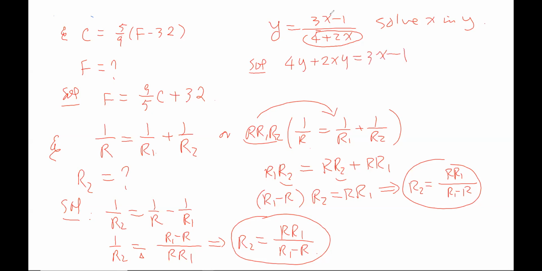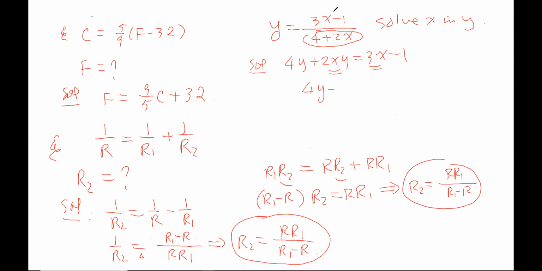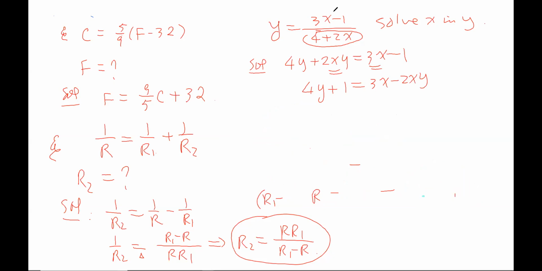Very good. Our goal is to solve for x. What do I do? Combine the x terms, right? We do this. Then we move the other term to the other side, agree? Are you with me on this, everybody? Yes. And then 4y plus 1 equals x times 3 minus 2y. Very good.